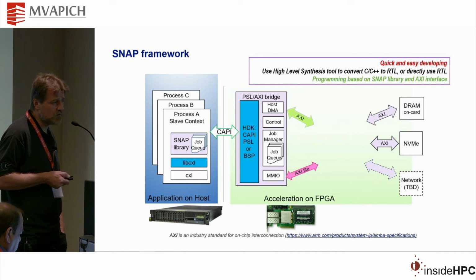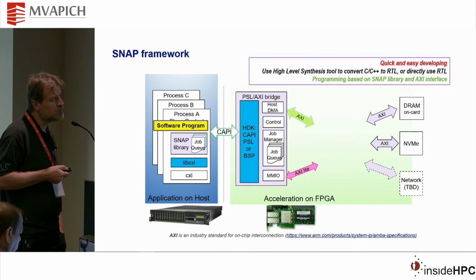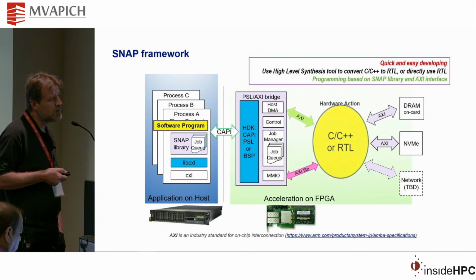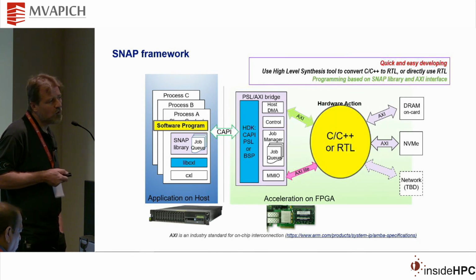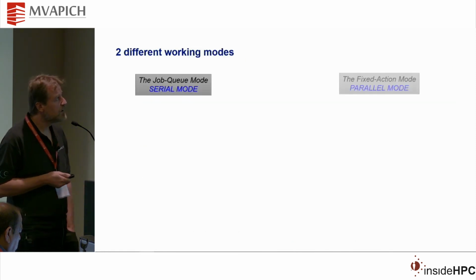There is also open hardware that provides the link to the network. And through this hardware bus, we just need to program the function in C, or if we want in RTL, in HDL, and we are set to accelerate our function.